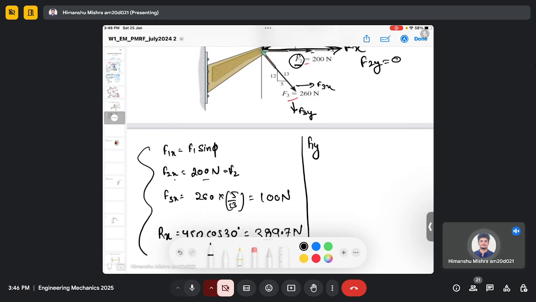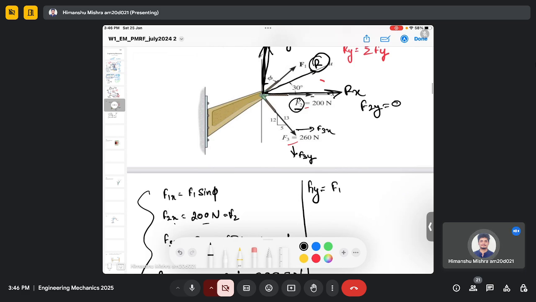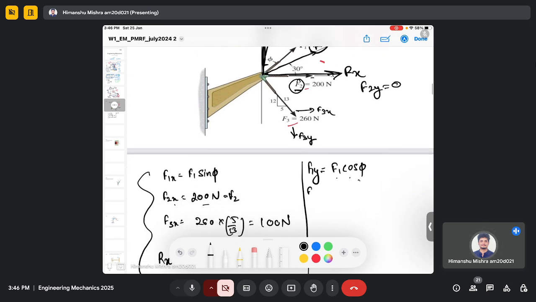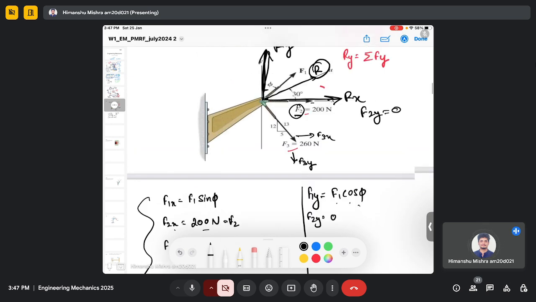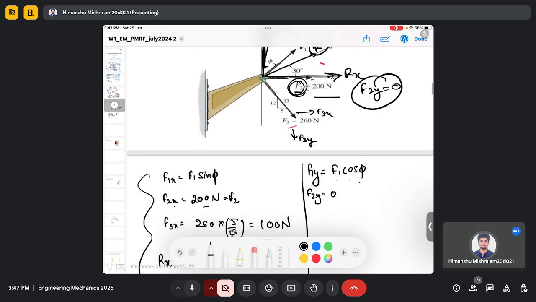So my F1y will be F1 cos phi, right? Because the angle is taken from the vertical axis, the vertical component will be F1 cos phi. F2y will be 0 because the entire F2 is along the x-axis, which means there is no component of force in the y direction.